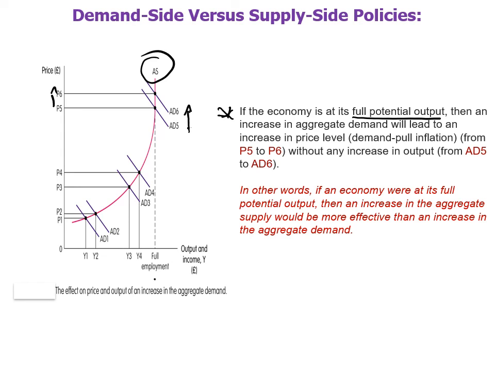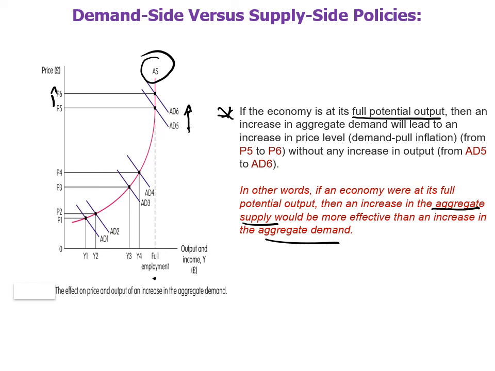So our output stays exactly the same because we're already at full employment, full potential output. In other words, if an economy is at its full potential output, then an increase in aggregate supply would be more effective than an increase in aggregate demand.